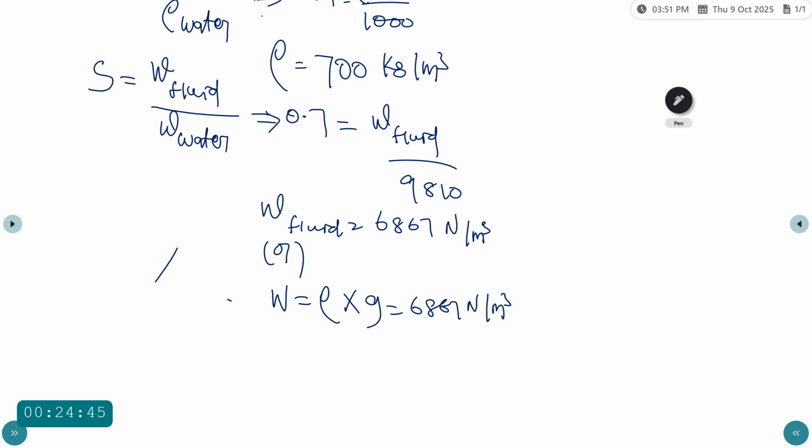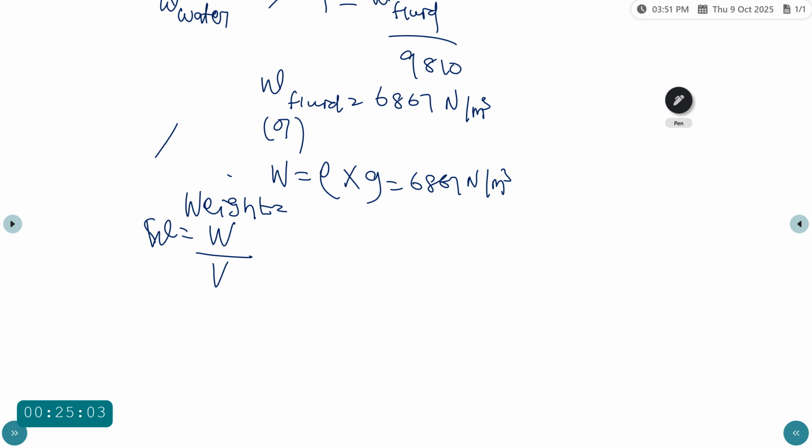Now the last step, we need weight. We know specific weight, small w, equals weight by volume.